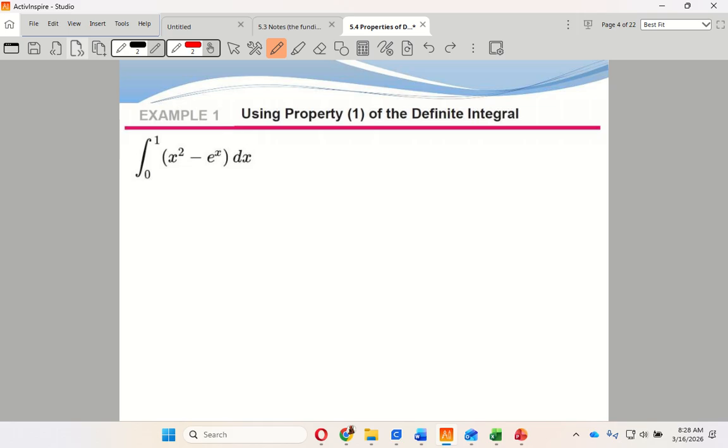If I rewrite it, it's going to turn into the integration from 0 to 1 of x squared dx minus the integration from 0 to 1 of e to the x dx. And this is normally going to make our life easier because we're going to get some complicated problems that we need to actually separate anyway. So it's going to make life easier.